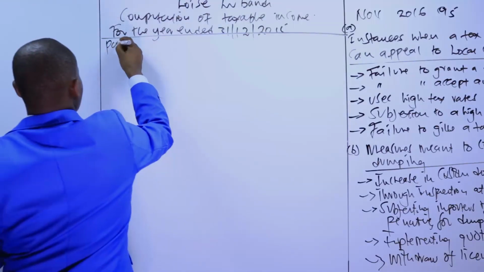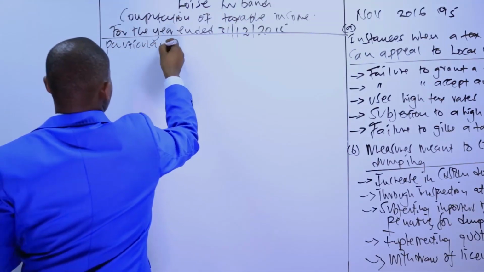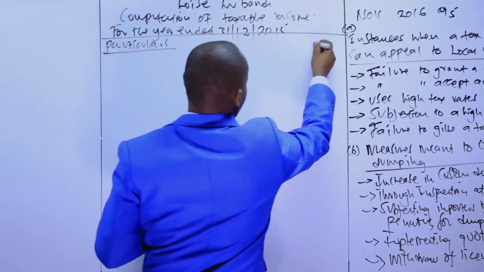So we have particulars and we have shillings.